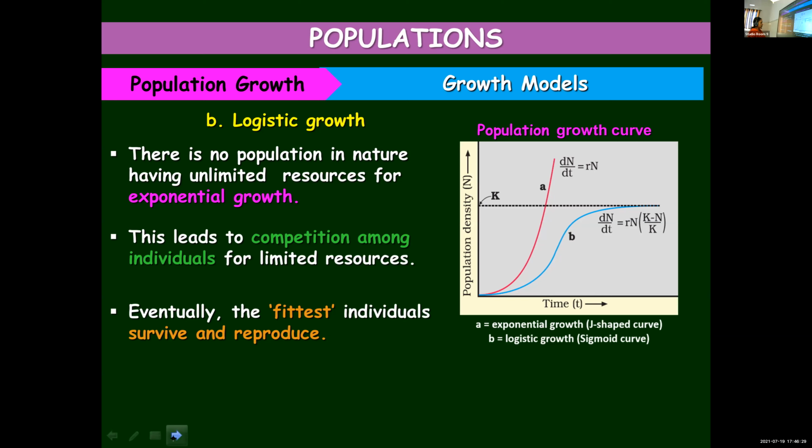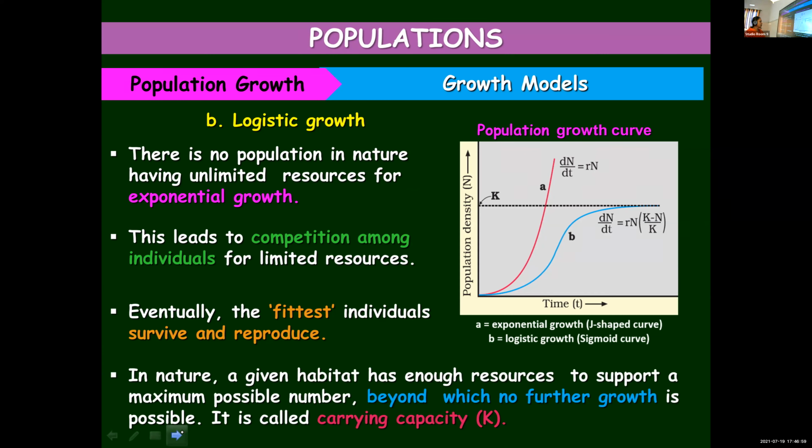Logistic growth curve. There is no population in nature having unlimited resources for exponential growth. That cannot be a reality because the resources can never be unlimited. And when resources are limited, there will be competition for these limited resources. So in that competition, as per Charles Darwin, the fittest ones will survive and they will continue to reproduce.